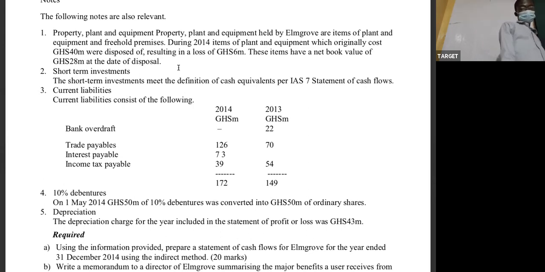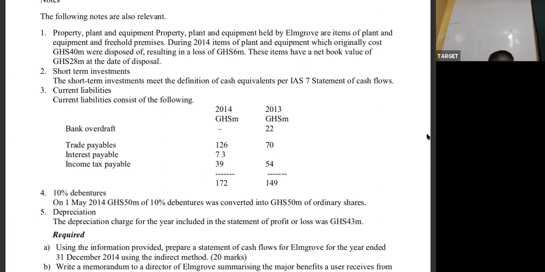Note 1. Property, plant, and equipment. Property, plant, and equipment held by Elmgrove are items of plant and equipment and freehold premises.